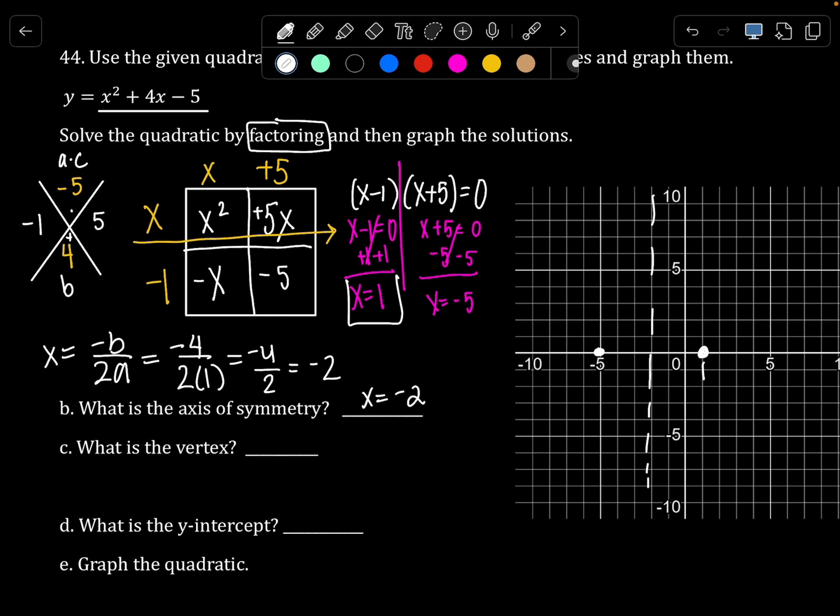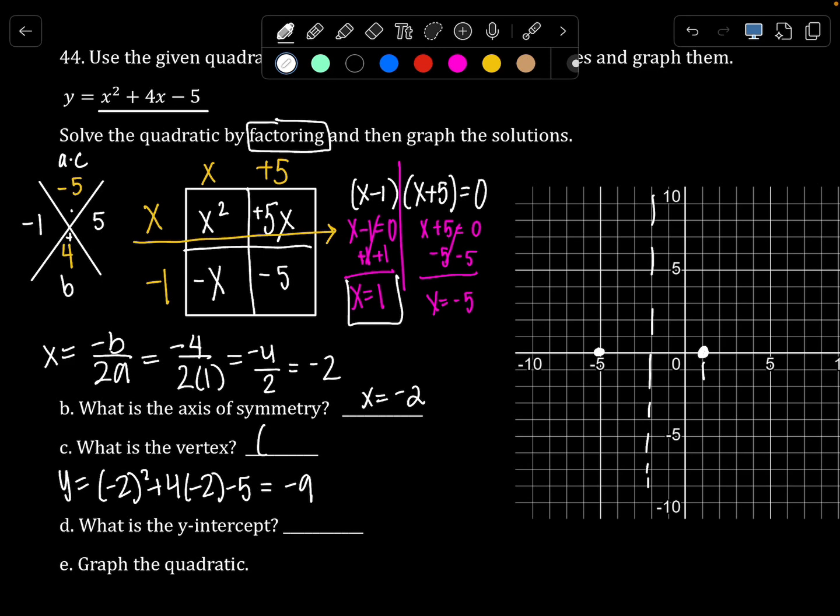What's the vertex? Well, the vertex is now you plug it in. So y equals -2 squared plus 4 times -2 minus 5. Plug that into your calculator and you get -2 squared plus 4 times -2 minus 5. I got -9.